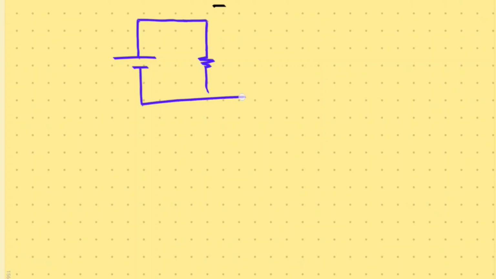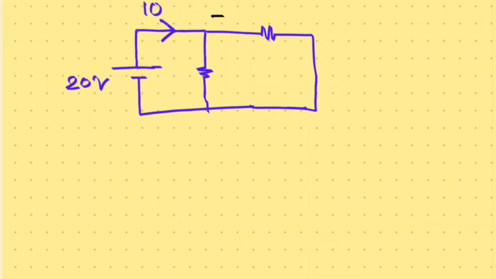This is one resistance and this is the other resistance. Suppose this voltage source is 20 volt and the total incoming current is 10 ampere. And suppose this resistance R1 value is given as 5 and R2 is given as 10, 5 ohm and 10 ohm. Now there are 2 currents, this is I2 and this is I1. We need to find the values of I1 and I2.